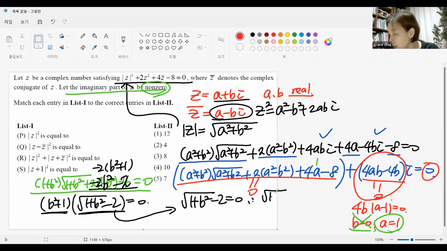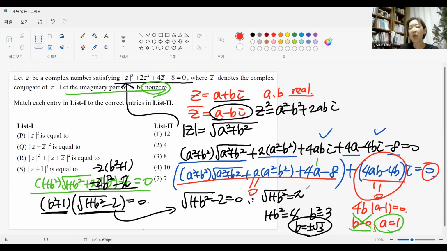Therefore, the square root of 1 plus b squared is 2. Perfect square: 1 plus b squared is 4. b squared is now 3 at last. So b is plus or minus square root 3. Okay, what is the next step?